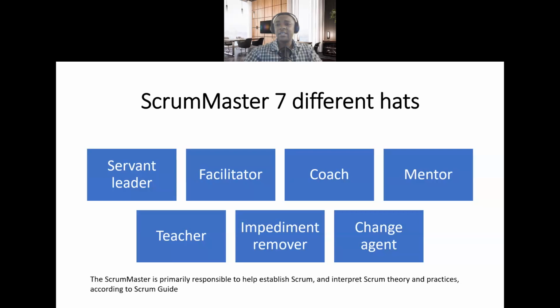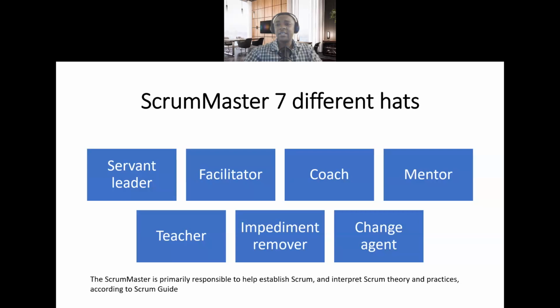I'm going to make videos explaining in detail, perhaps using situations or scenarios to explain each of these different hats for more contextual understanding. But for today, I just wanted, in case for people who are in an interview process and are trying to understand or summarize the different responsibilities of a Scrum Master, right?